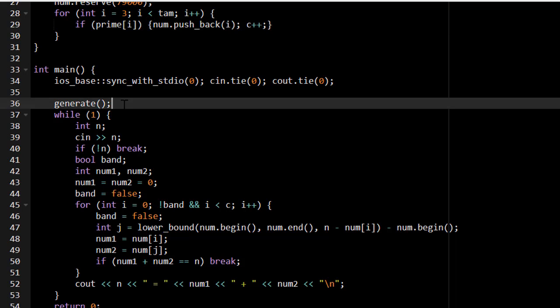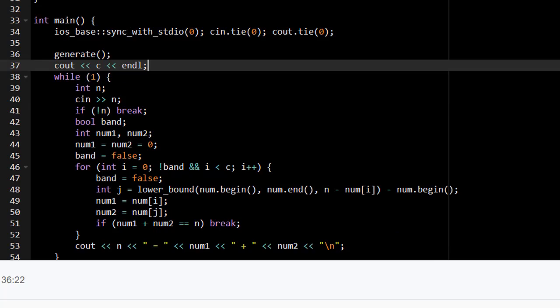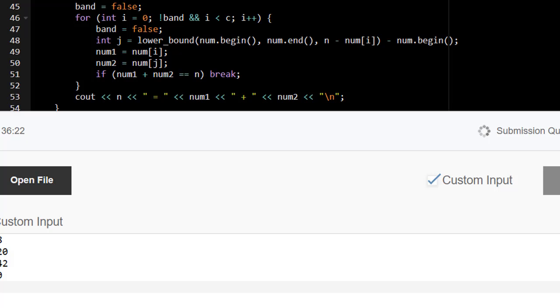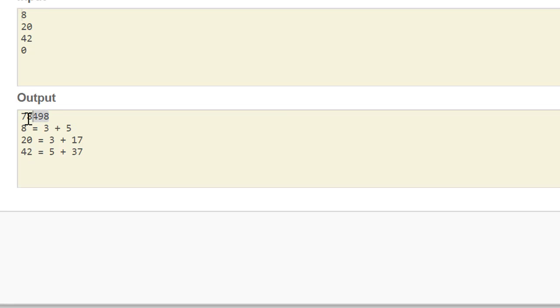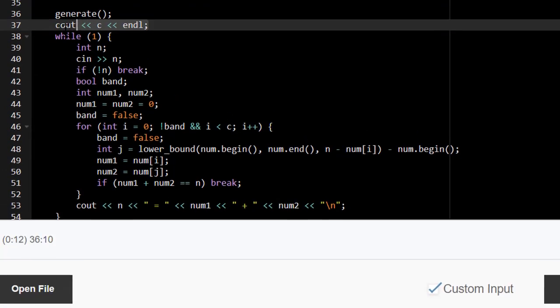For us to know exactly how many there are, we're gonna print it at the beginning and see how it turns out. You see we have 78,498 prime numbers. So we don't need this line anymore.